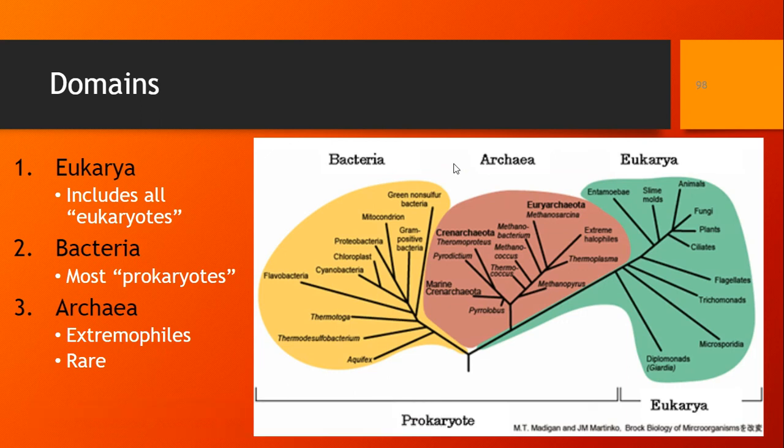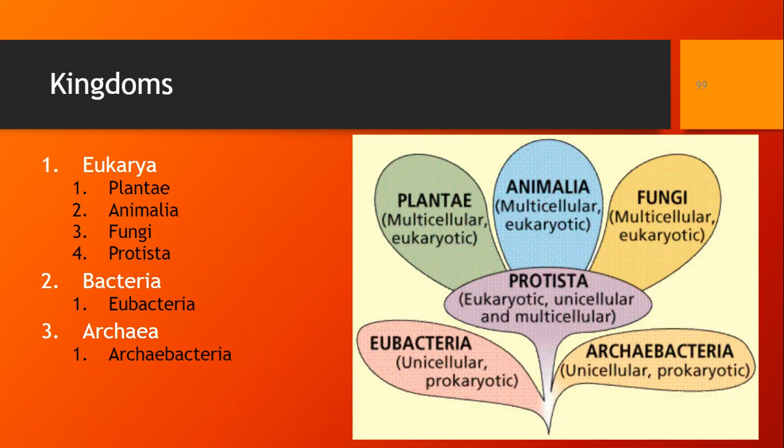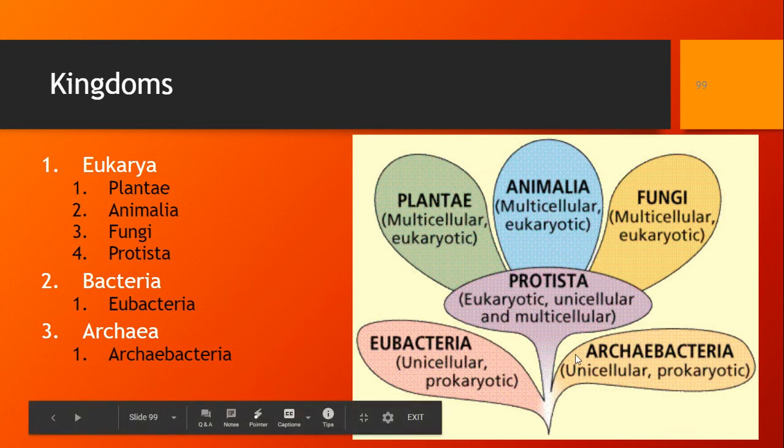Then we can break it up a little bit smaller into kingdoms. So we still have the archaea. Its domain is its kingdom. Sorry, back it up. Archaea domain, archaebacteria kingdom.